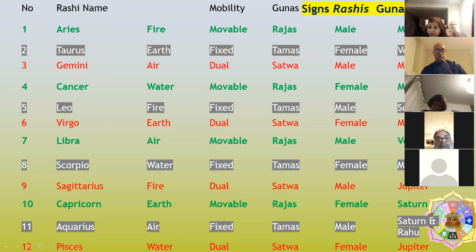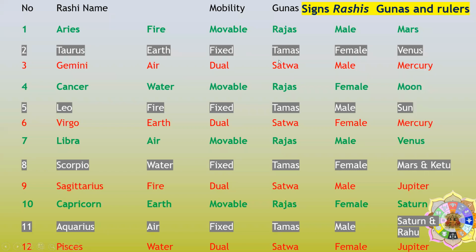And Gemini is an air sign. It's dual in nature. It's Sattva Guna. Again, all the dual signs, if you notice, the ones in red are all Sattva Guna. It's total, absolute Sattva. And you would ask, why Sattva? Because the rulers of all the dual signs, Gemini, Virgo, Sagittarius, and Pisces, the core primary rulers of these signs are Mercury and Jupiter.